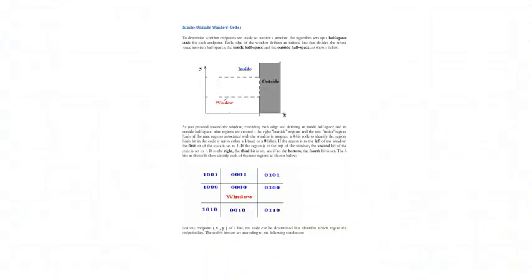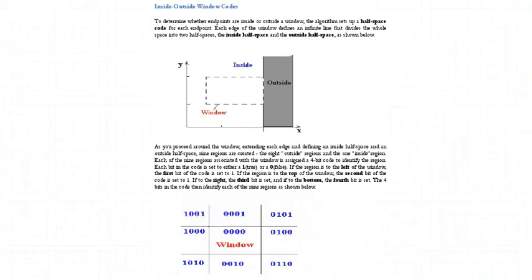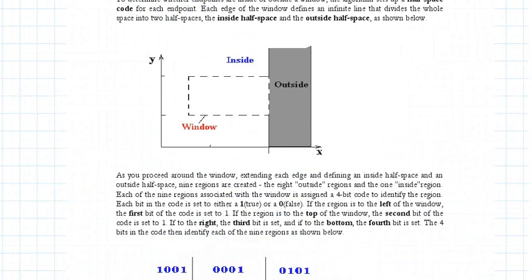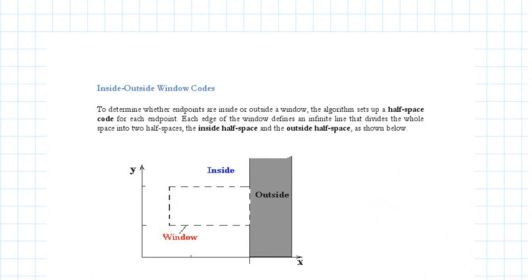Let me go back to the next page of the lecture. Yes, here it is. What does it say? You have to establish some inside-outside window codes by following Cohen Sutherland line clipping algorithm, as the idea is to determine whether the endpoints are inside or outside a window.